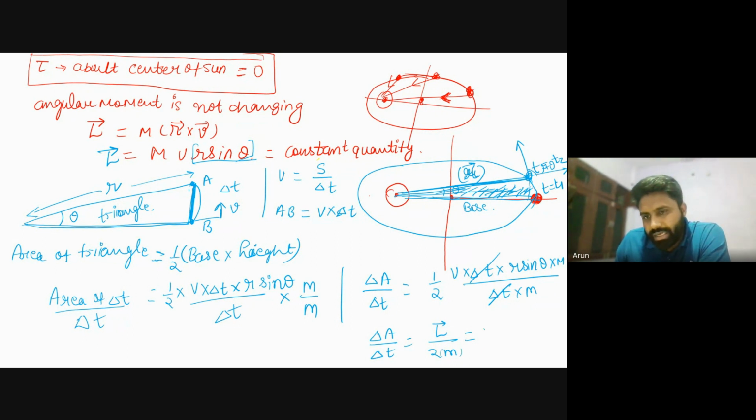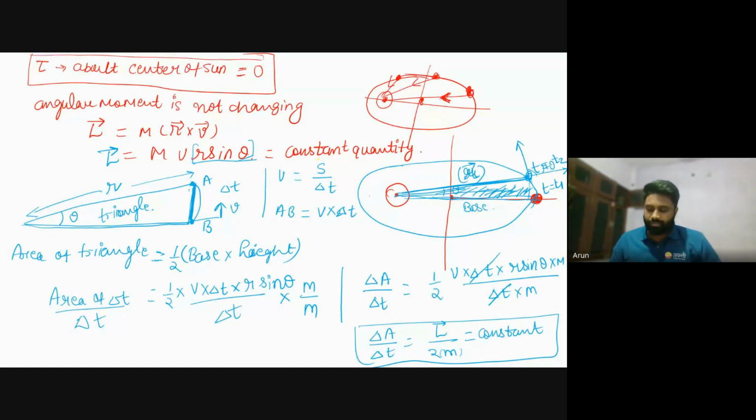So this will be a constant value. So we have just proved this law, Kepler's second law, which tells us that the areal velocity is constant for each and every planet revolving around the sun, and which is equal to L vector by 2m. Okay.